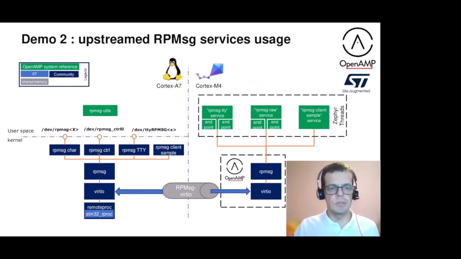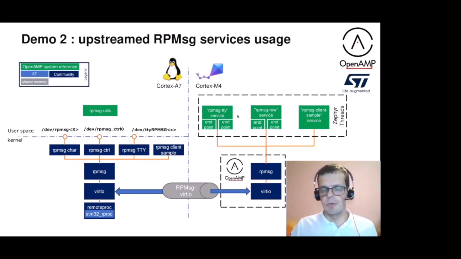The second one is the RPMsg control, which allows exposing some endpoints to applications, but also now it's able to start and release some RPMsg services on associated RPMsg devices. The RPMsg TTY, which implements the serial protocol over RPMsg, and the RPMsg client sample, which is a legacy sample that allows playing with the RPMsg protocol.